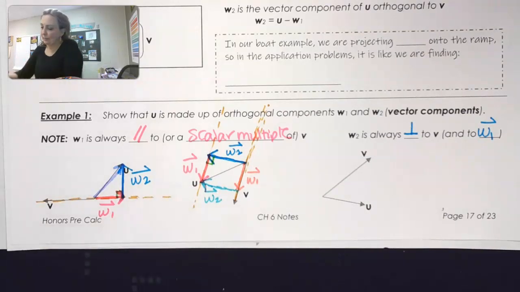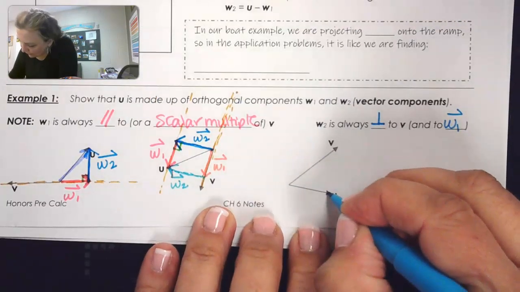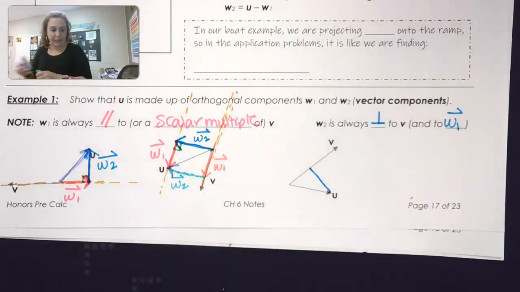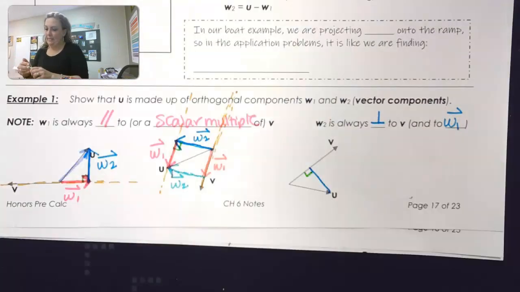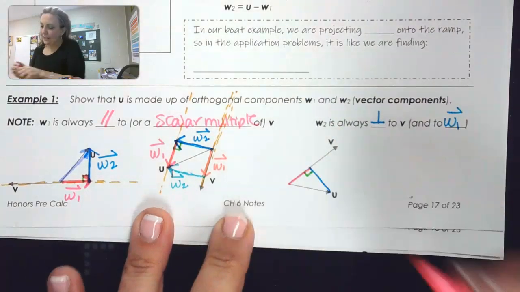So it's that scalar multiple. So I'm going to take the end of U, and I'm going to try to make a perpendicular line with V. Okay. And so then I would finish off the triangle here.